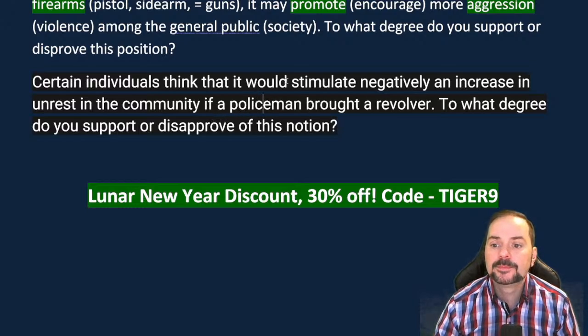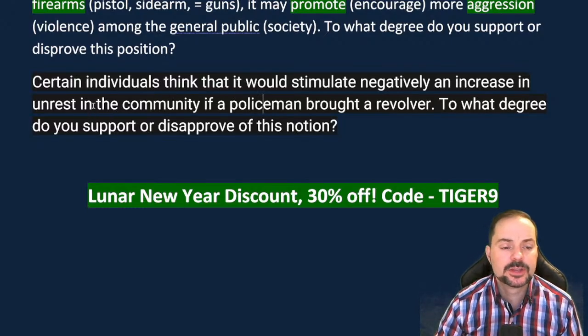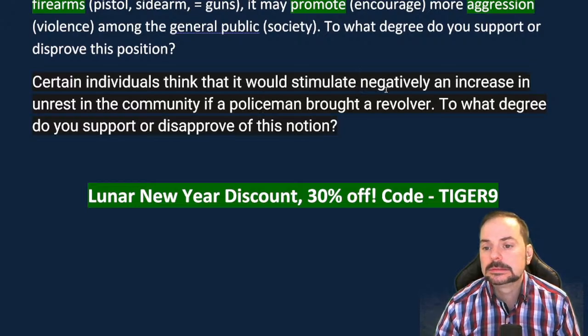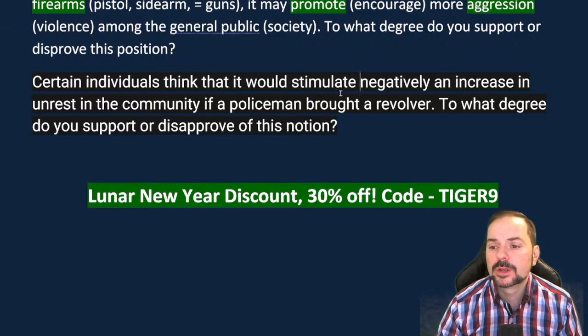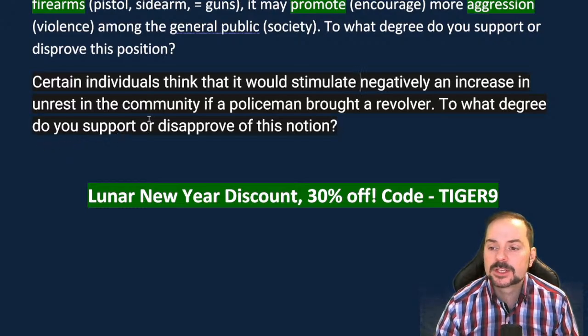I wouldn't say stimulate negatively. That's awkward English, I think, Janelle. I think violence and stimulate negatively are quite different. I would reword that. An increase in unrest in the community if a policeman brought a revolver. To what degree do you support or disprove this notion?